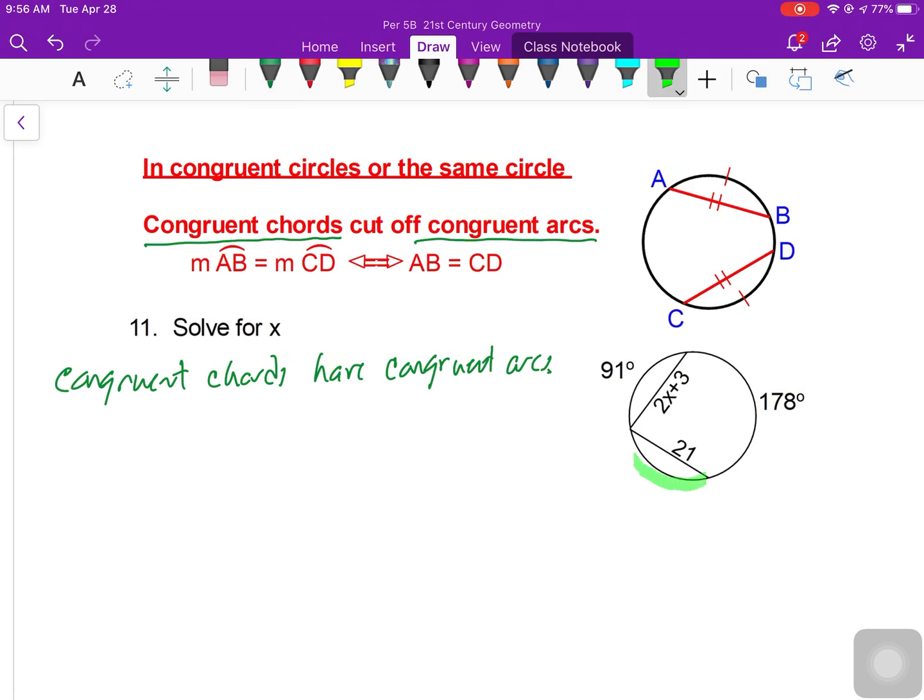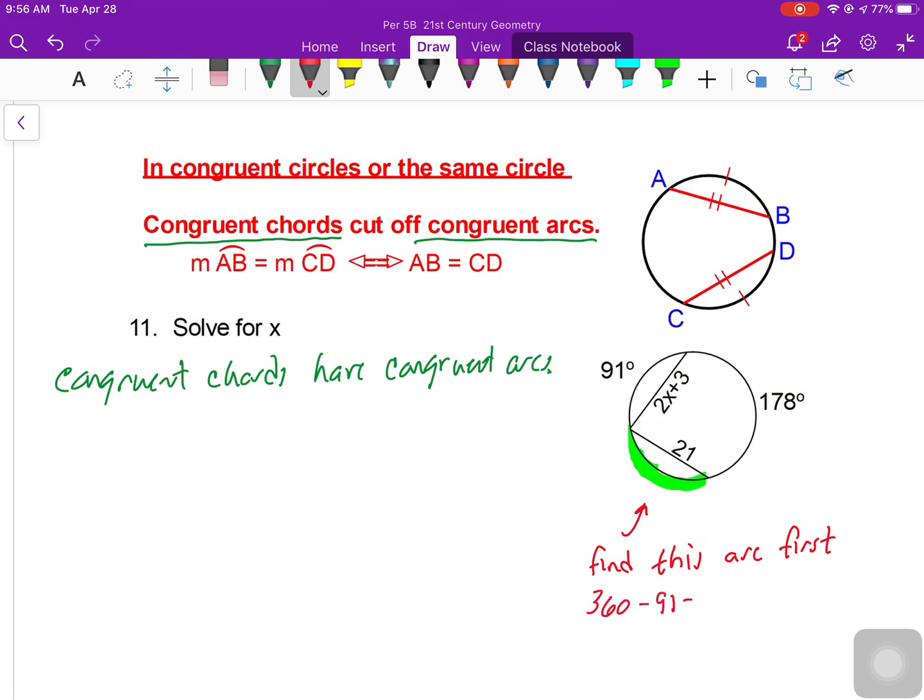When we look at this problem, they didn't tell us what this arc was out here. That isn't labeled. So we're going to find this arc first.